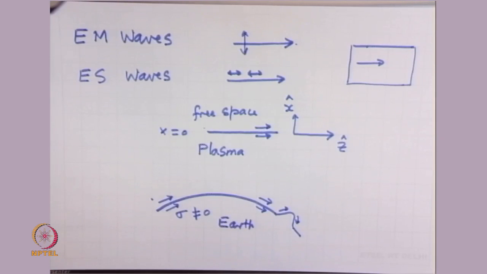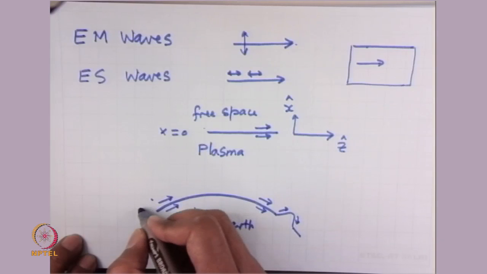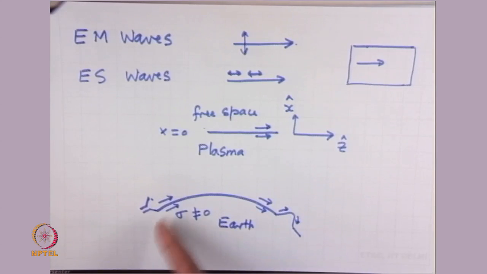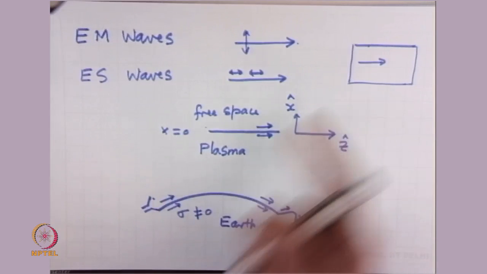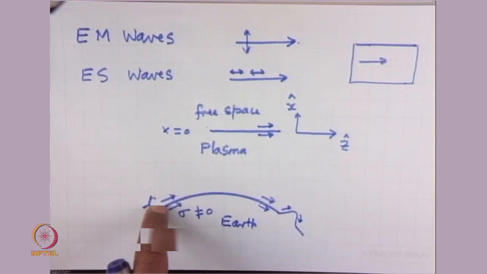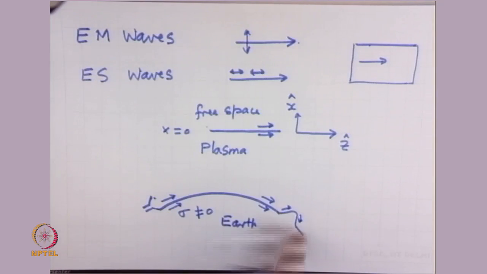And they could be very useful for radio communication. The reason is that if I have an antenna placed here, if there were no Earth, these waves would be traveling in this direction, they will not bend. So they will travel as sky waves and they will hardly bend. But if there is a conductor here, and they are excited as a surface wave, then as the Earth bends, they can bend.